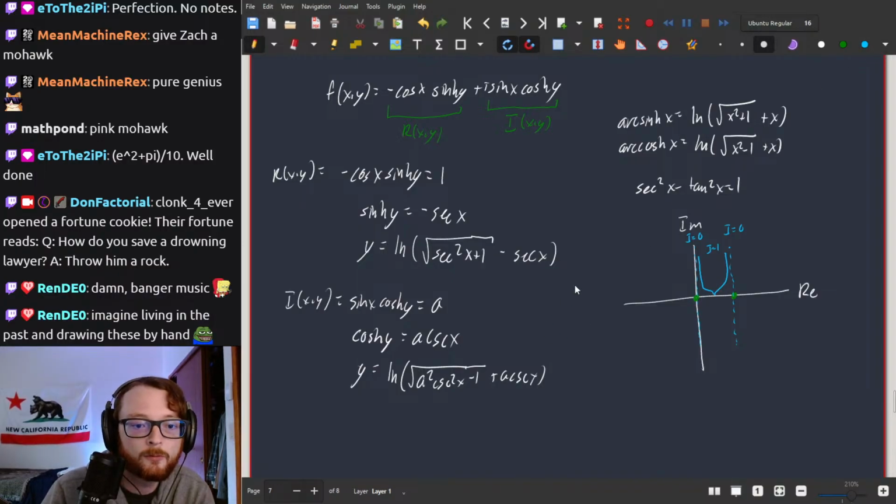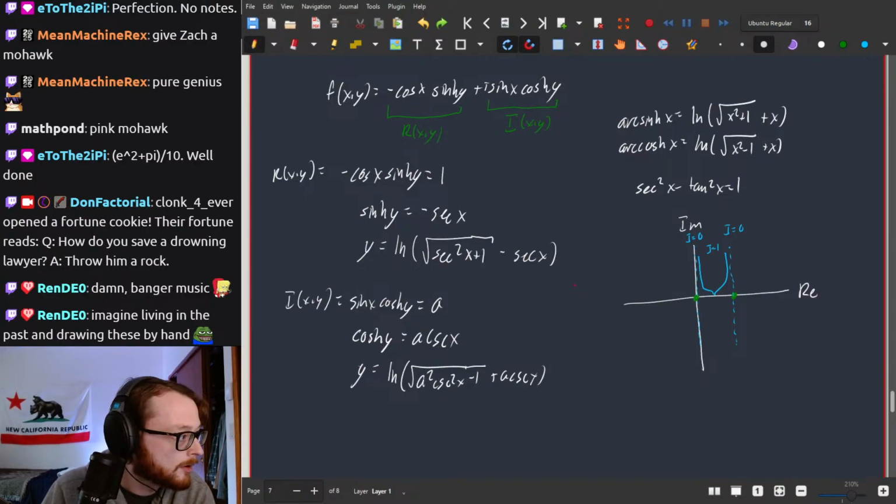Let's look. So for the real contours, sinh is only 0 at 0, so why bother? Cosine is 0 at multiples of pi over 2. I don't think we're going to need that.